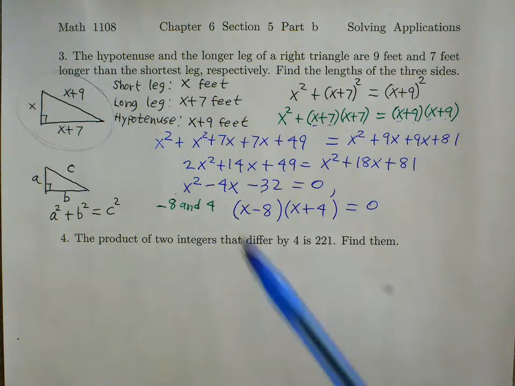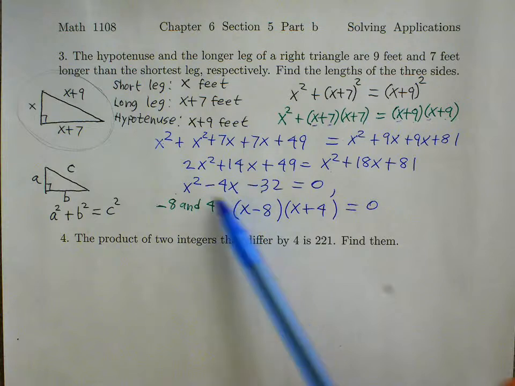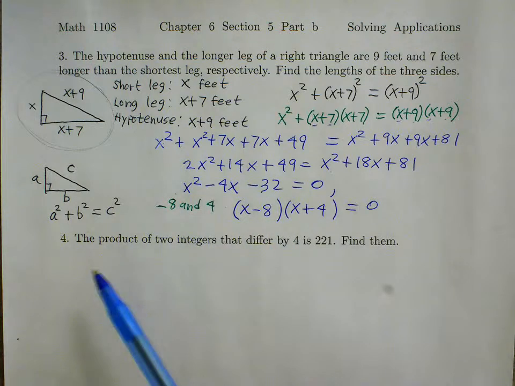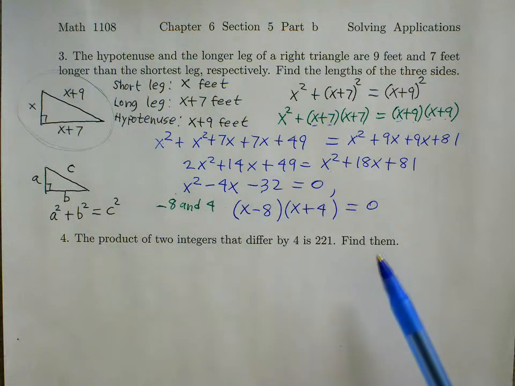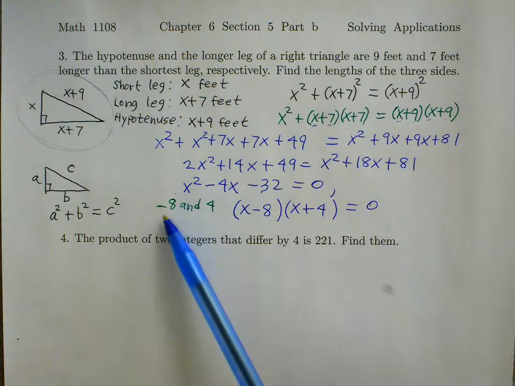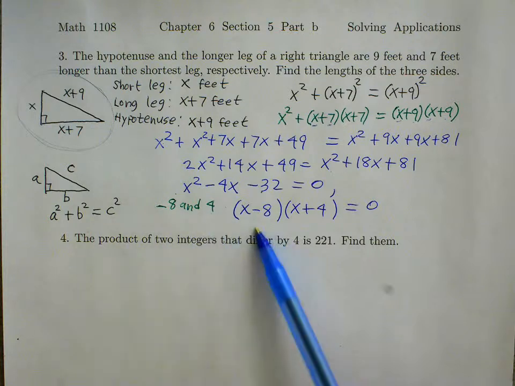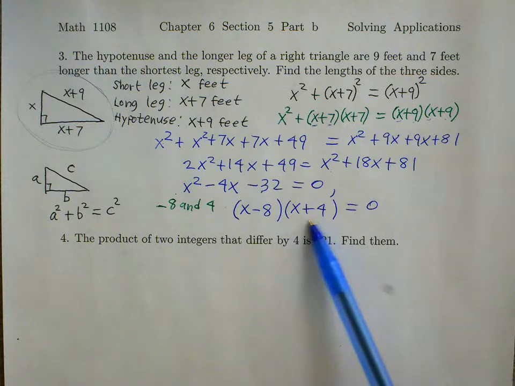So all I did was bypass transforming the trinomial into a quadrinomial and then factoring by grouping. And we just went directly from finding the two integers, negative 8 and 4, to writing the two factors, x minus 8 times x plus 4.